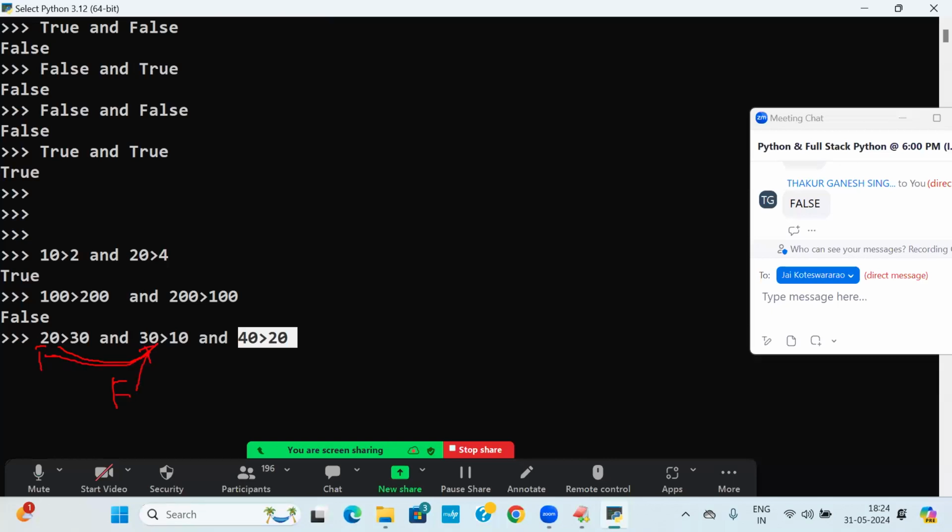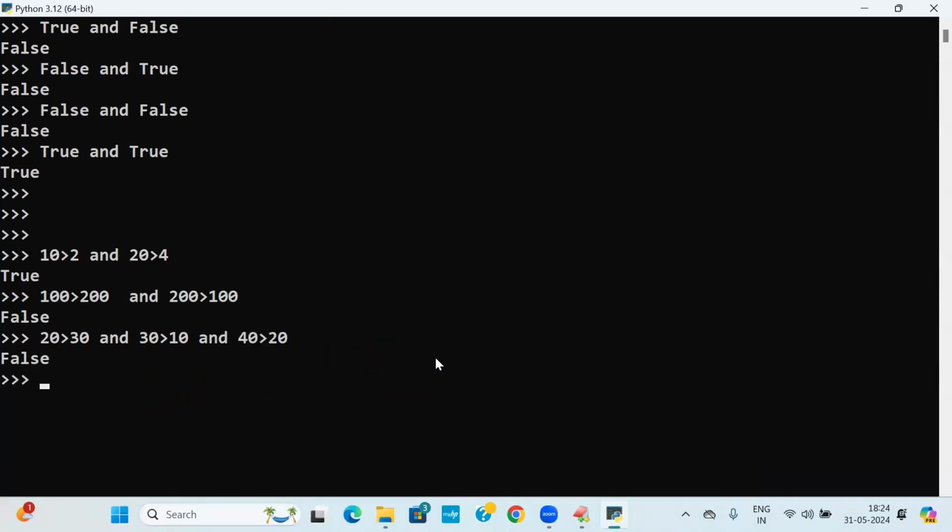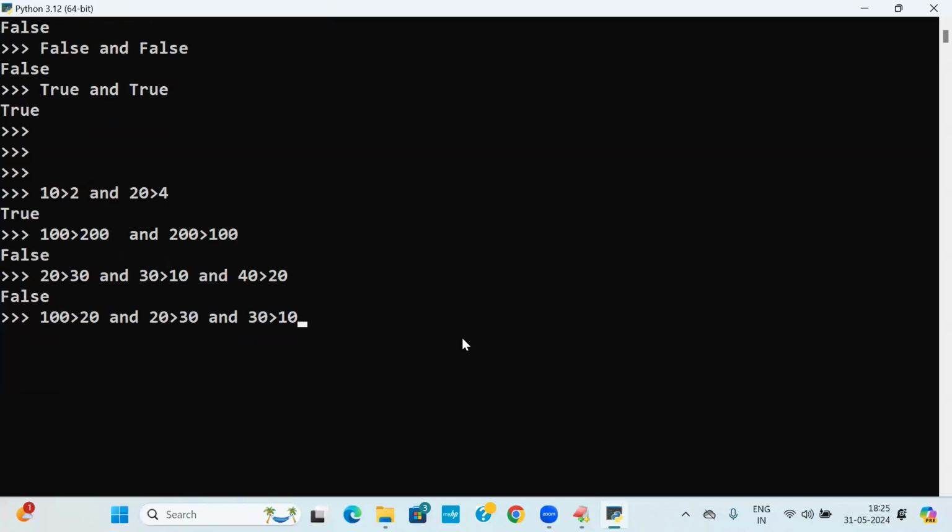False and true is called false. False and true is also called what? False. So the total result is called what? False. Able to follow? Okay, good. Now be careful. 100 greater than 20, and 20 greater than 30, and 30 greater than 50, and 30 greater than 10. What is the answer? False.